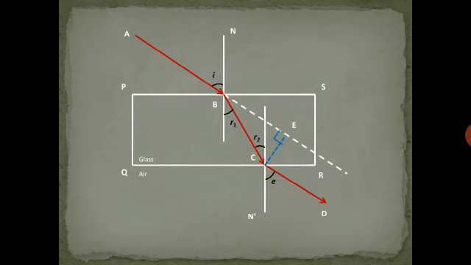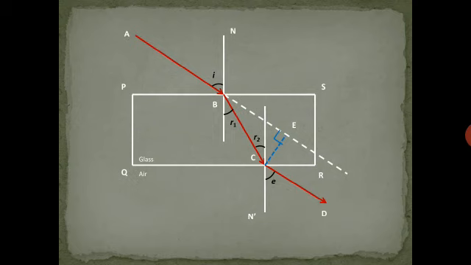Some important points that we note here in this diagram is that the light, while passing through the glass slab, undergoes refraction twice at both the interfaces. Here the interfaces are PS, that is air-glass, and QR, that is glass-air. The emergent ray CD is parallel to the incident ray AB.